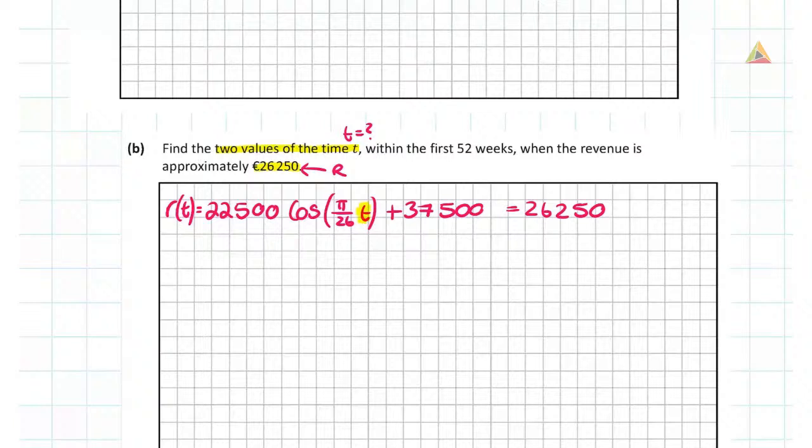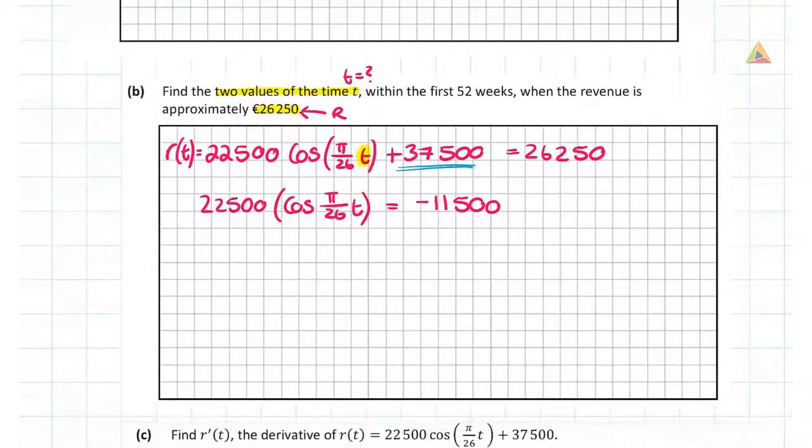To get that t on its own, we're going to solve the equation, but we're expecting two answers. This 37,500 is added on the left, so we subtract 37,500 from both sides. That should give me 22,500 times the cos of pi over 26t equals 26,250 minus 37,500, which is minus 11,250.